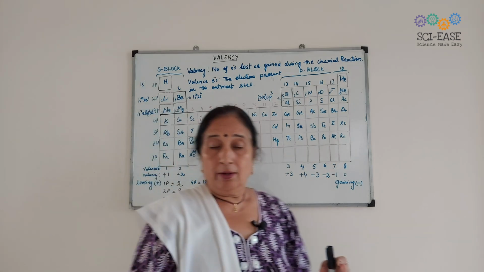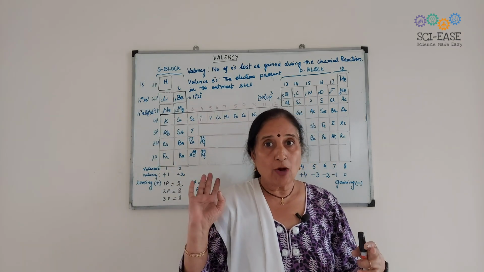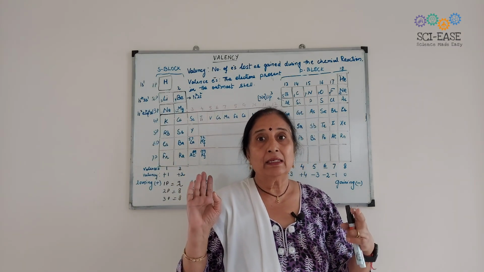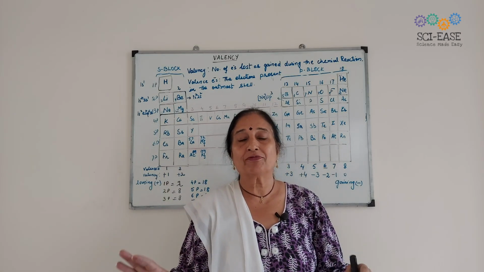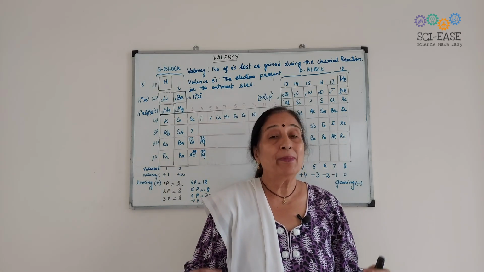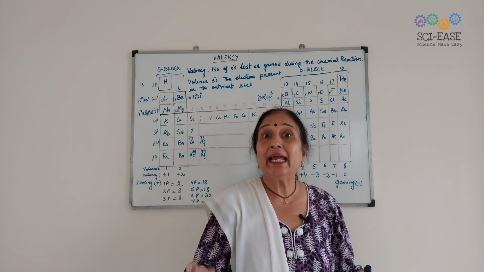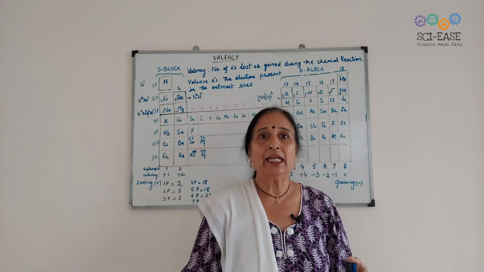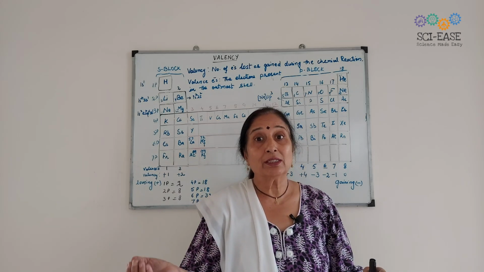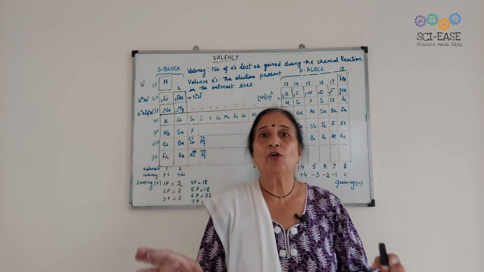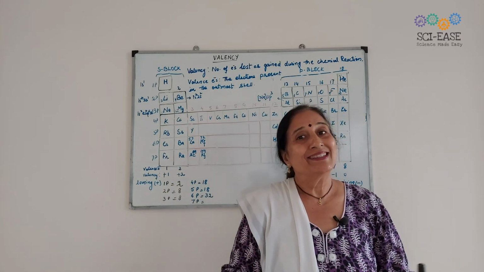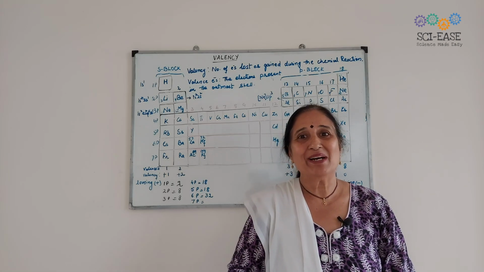So, with this, my topic about the valency explanation is finished. In my next video, I will take up some other property and tell you about the trends which are followed. Till then, thank you very much.